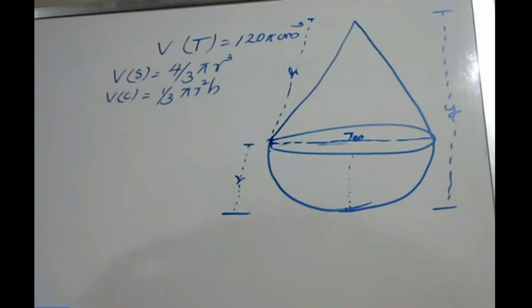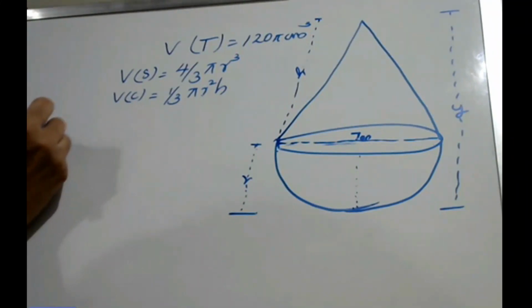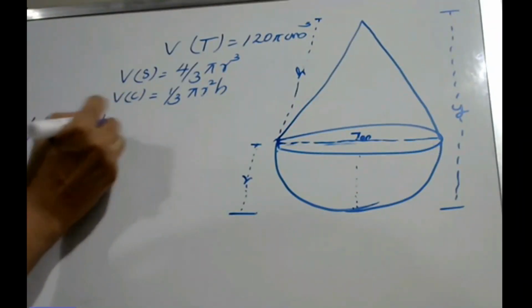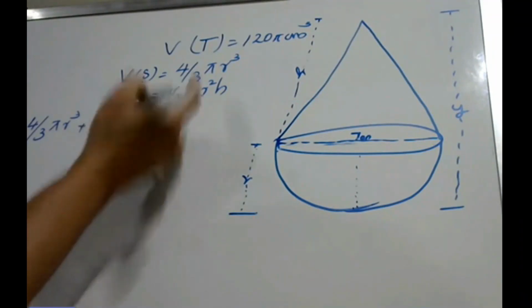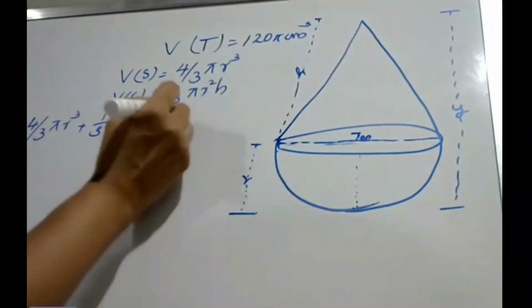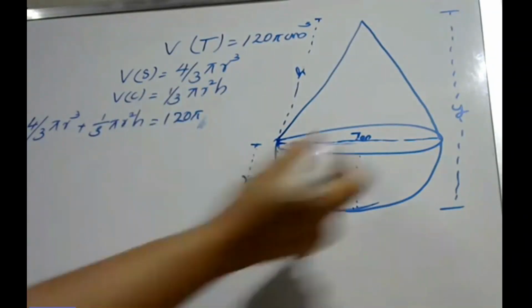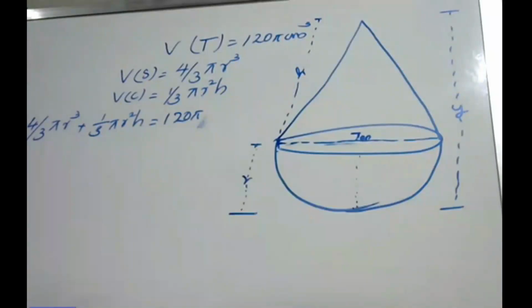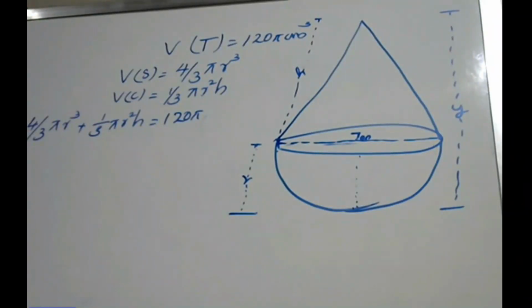There is nothing else, so I can equate: the volume of the cone and the volume of the hemisphere will be equal to the total volume, which is given as 120 pi.